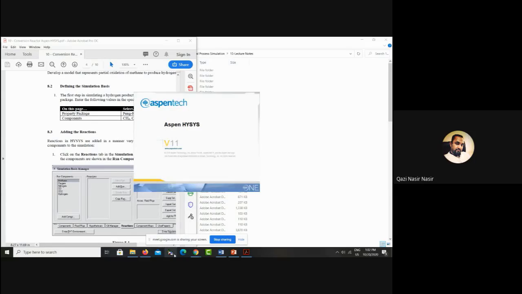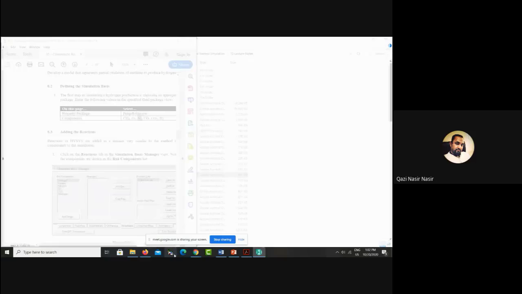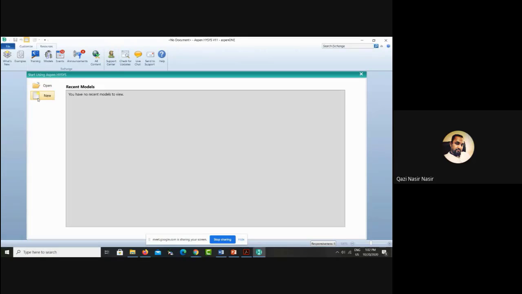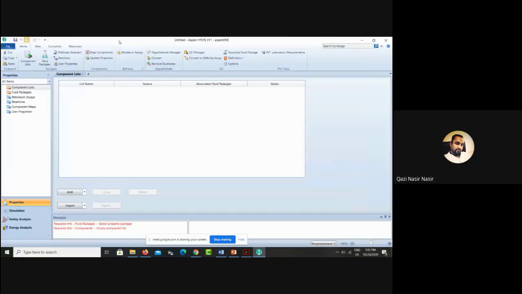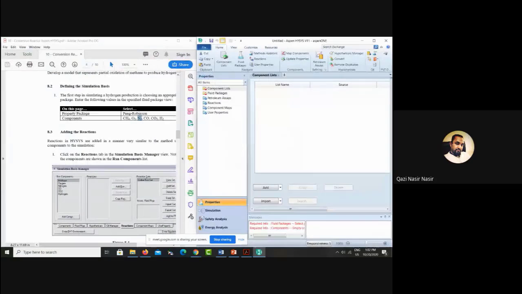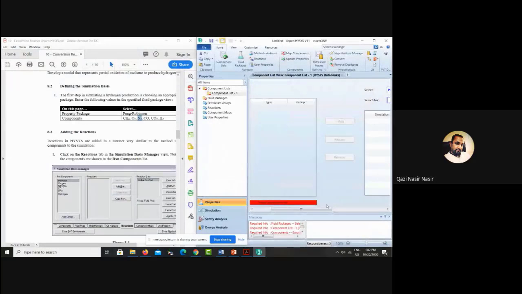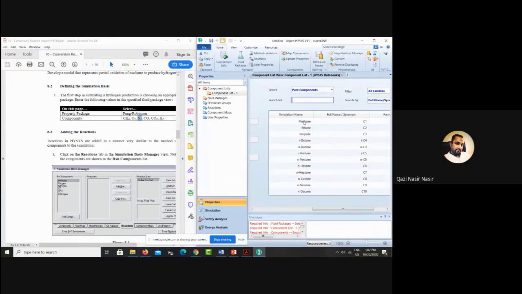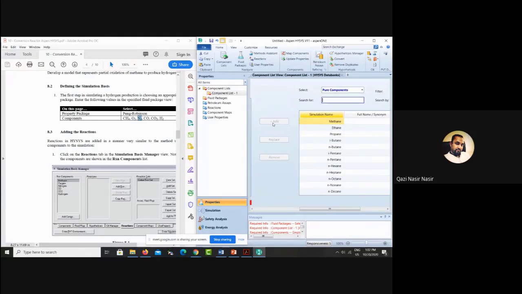Just do it slowly. New simulation. Start again. So we add the components, and we'll add methane. Be very careful using Aspen Hysys, it is very sensitive.